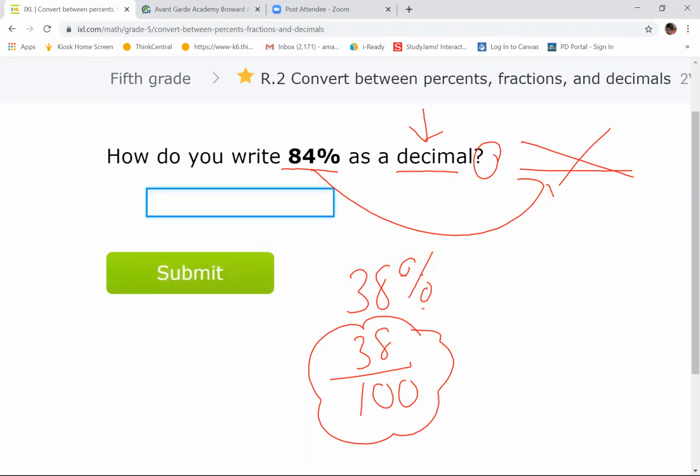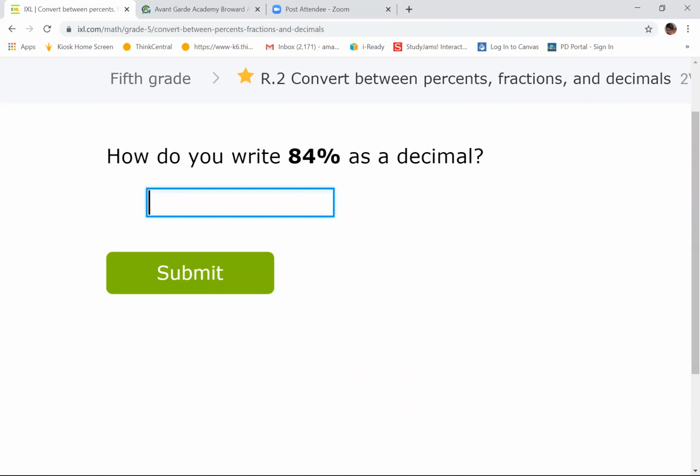Terrific. How do you write 84% as a decimal? On your piece of paper, write 84% equals, what's the decimal? 84 hundredths.